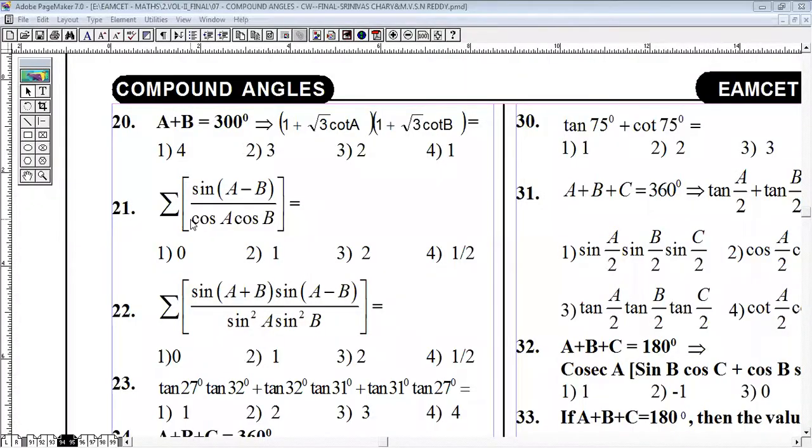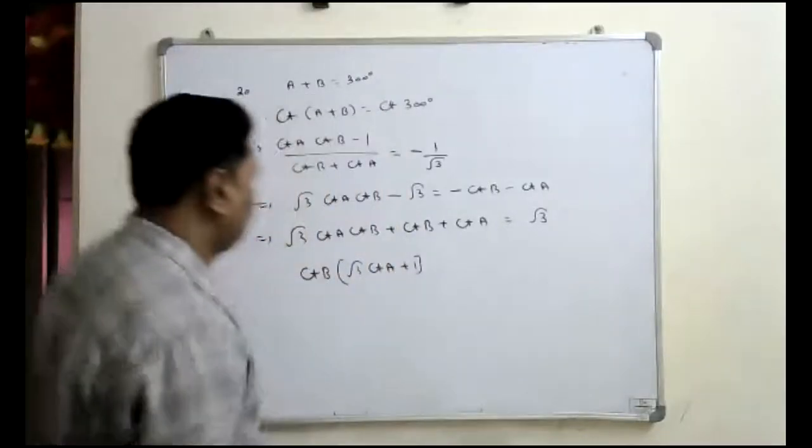The problem is (1 plus root 3 cot A) into (1 plus root 3 cot B). Root 3 cot A, root 3 cot B, plus cot A.